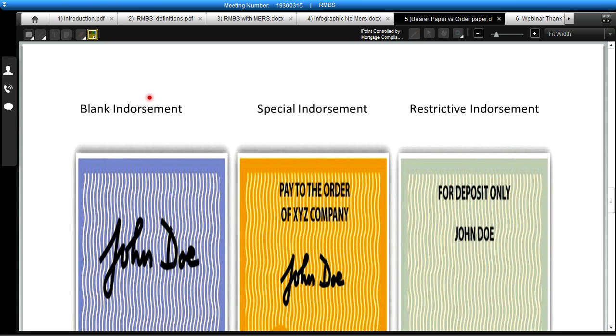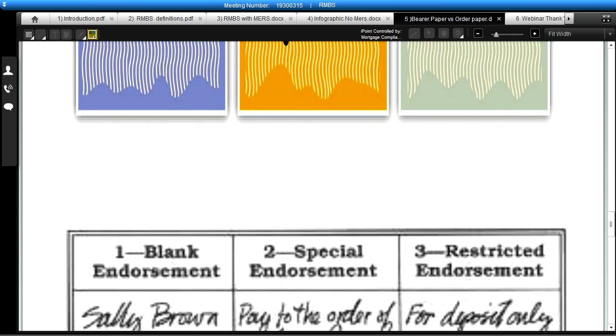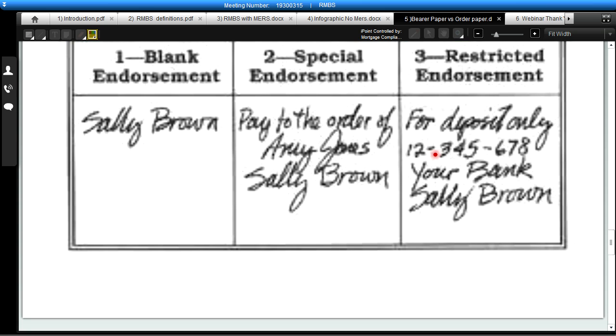Restrictive endorsements were given restrictions on what is to happen. In this case, it says for deposit only. We are restricting what can be done with the funds. So if we have an endorsement that says, again, for deposit only, we're restricting it. If this said without recourse, we are restricting it.